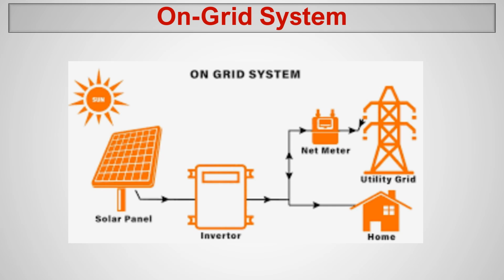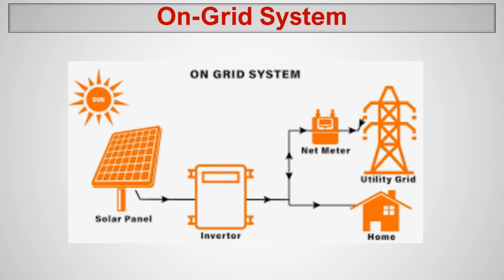Let's look at another diagram here. It's the same thing. When you search for on-grid system on Google, you get lots of diagrams with solar panels, an inverter, an energy meter, a grid and a house. If the sun radiation is very good, the power will come to the house.